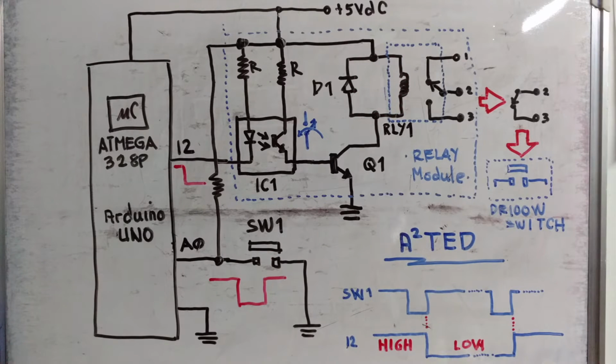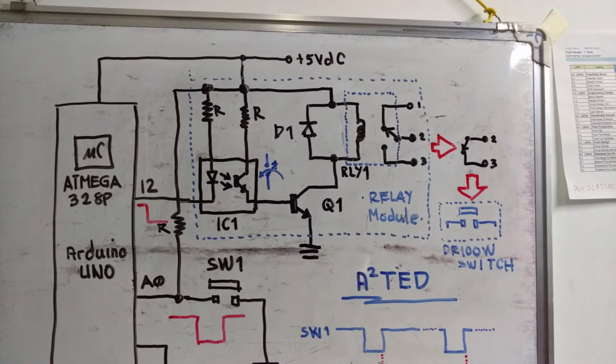What will happen is that pins 2 and 3 of the relay will be closed, just like a short circuit. By the way, the function of D1 here is to kill the voltage that is developed in the inductor of the relay.